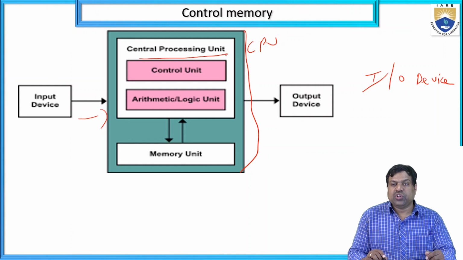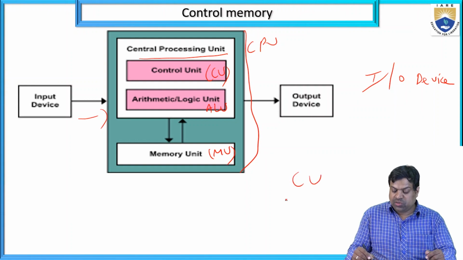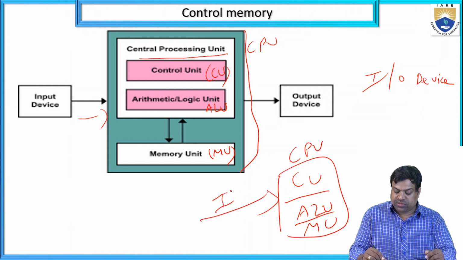In the central processing unit, what are the sub units? The first is the control unit (CU), the arithmetic logic unit (ALU), and the memory unit (MU). So CU, ALU, and MU are under the CPU. This is the input and this is the output.